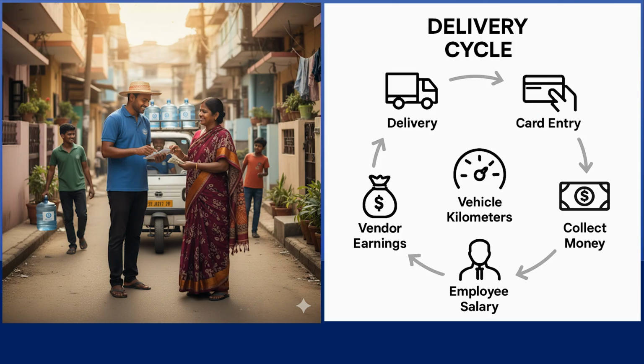And per vendor, there will be differences in prices. For example, vendors delivering this 20-liter gallon have price ranges between 12 to 15 rupees per 20 liters. We'll have to store that, because at the end of the month, customers will be charged based on the per gallon price. This price does not change frequently, hardly in 2 to 3 years, but we will have to manage what the price was for a year.